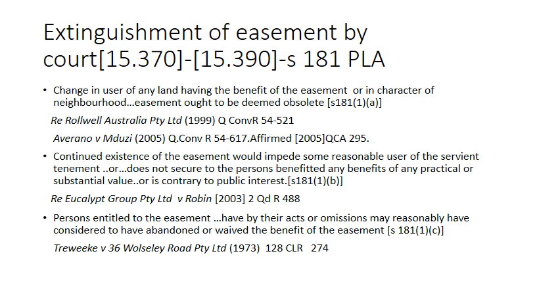In Trewiki and 36 Wolseley Road, a High Court decision from New South Wales, an easement had been registered in 1927. At all times the easement, which was the right of way, had been impassable by reason of vertical rock faces, and since 1928 because of impenetrable bamboo.